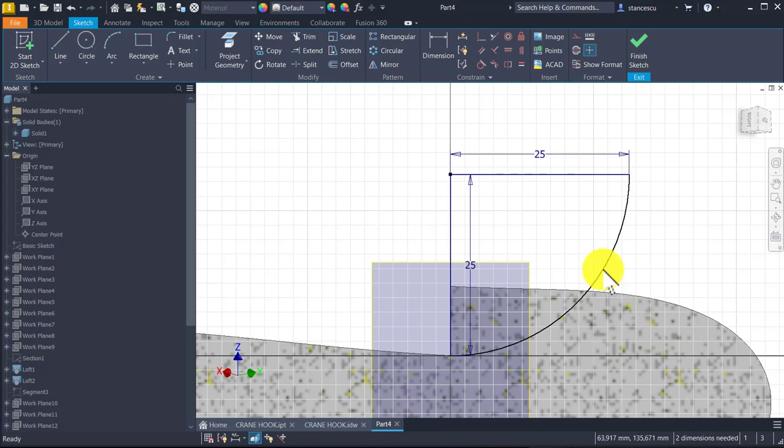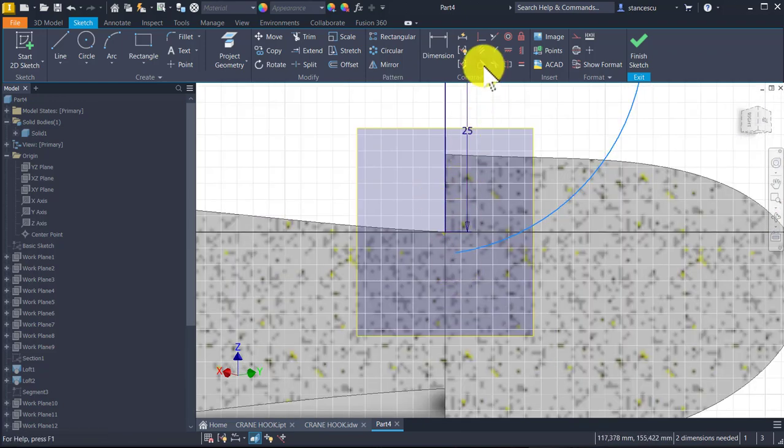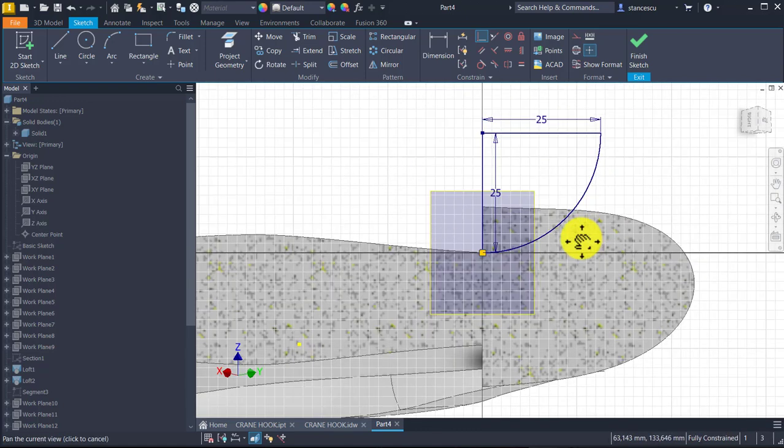Yes, 2 dimensions needed. Let's see what those dimensions are. I didn't connect this last point. This is with 2 dimensions, horizontal, vertical. Yes, point to end point. Now it is fully constrained.